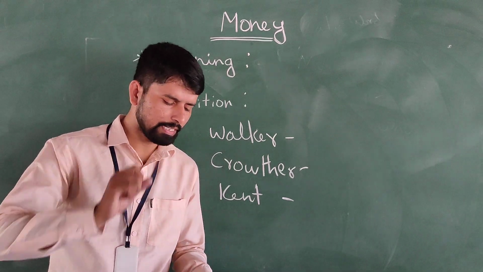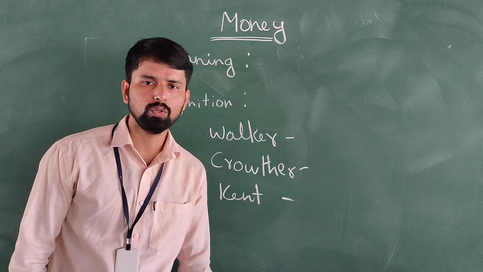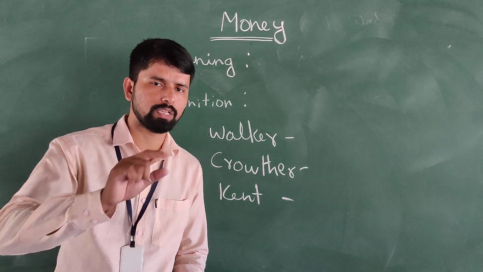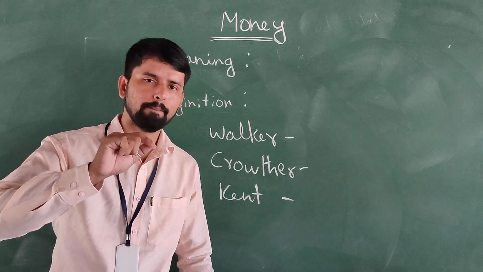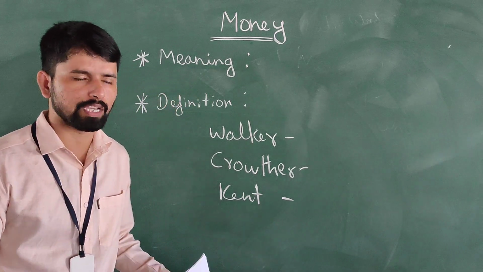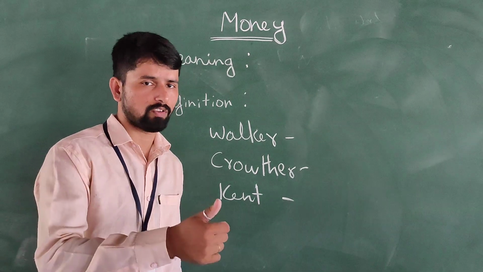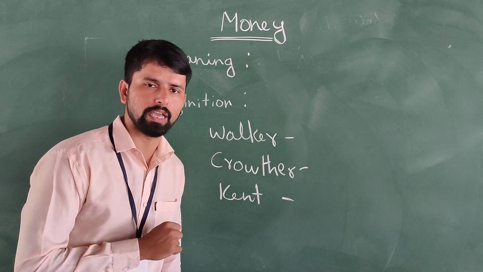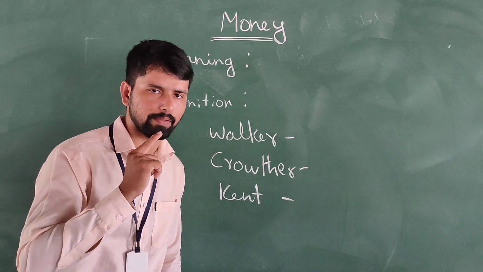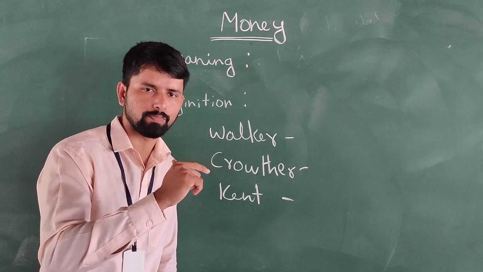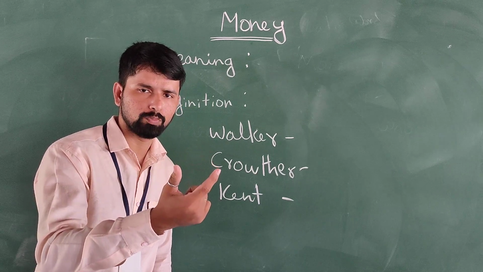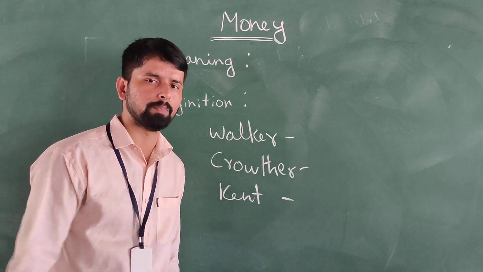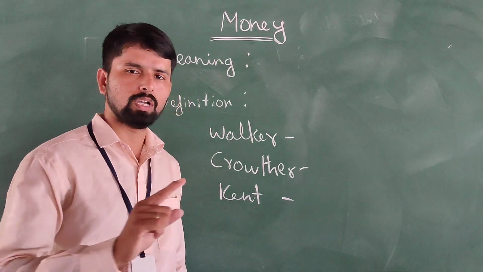So here Kent defined money by common use and general acceptance, for the medium of exchange and the store of value. The people can use money in all their transactions. Medium of exchange means generally accepted by all the people in their transactions, plus store of value.